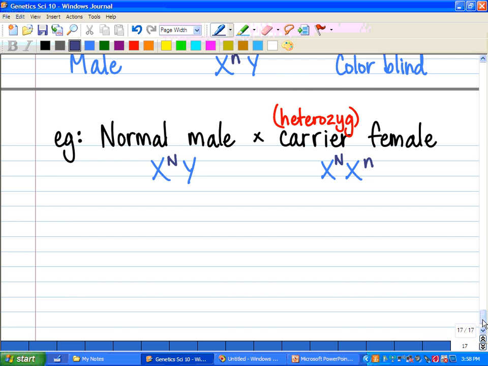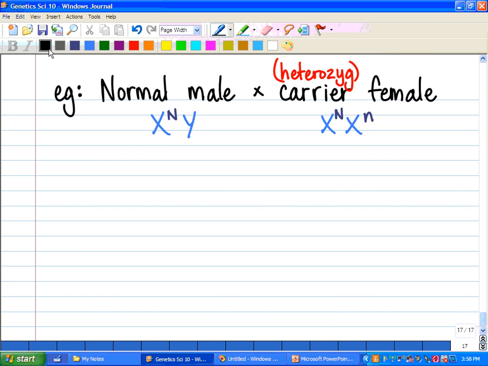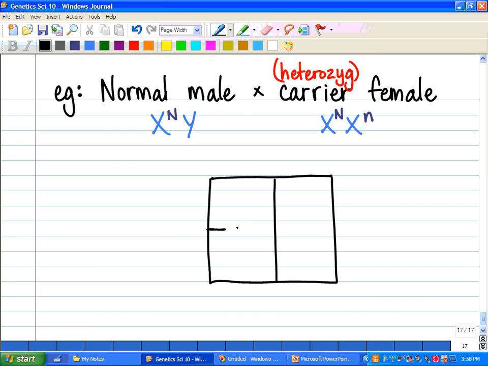Let's do a quick Punnett square here to finish off using those two, and then let's look at our chances of children. All right, let's put dad along the side here: X, Y, and dad has the normal vision allele on his X chromosome.